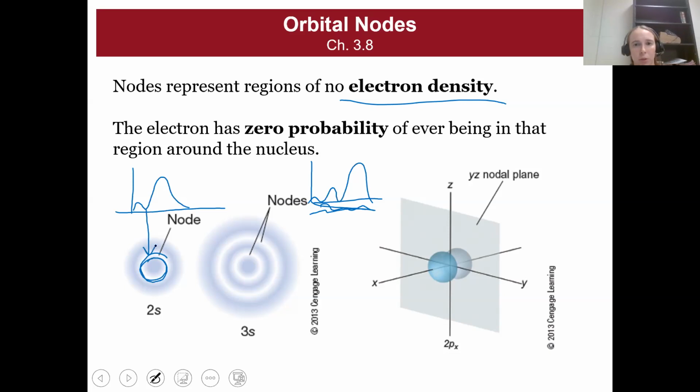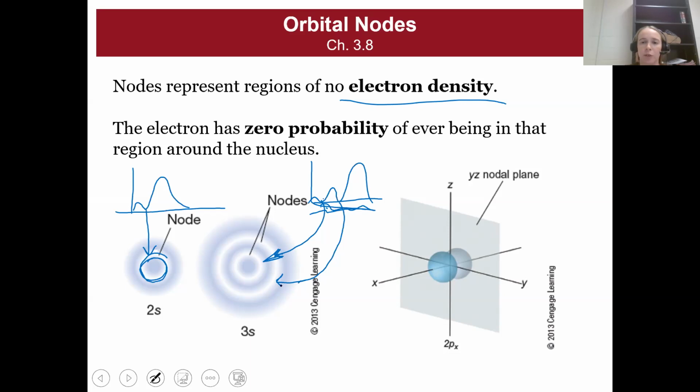There's 0 probability of an electron being there. And we have another node when we get up to the 3s orbital. So now there are 2 circular regions around the nucleus where the electron has no probability of being, even though that's kind of unexpected.